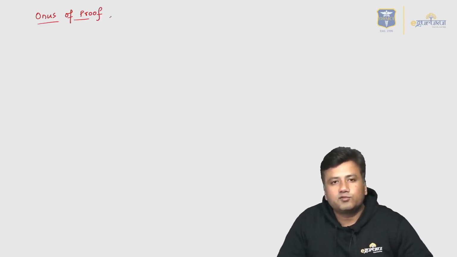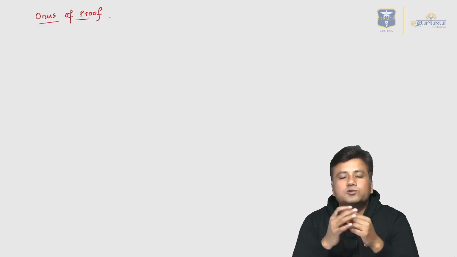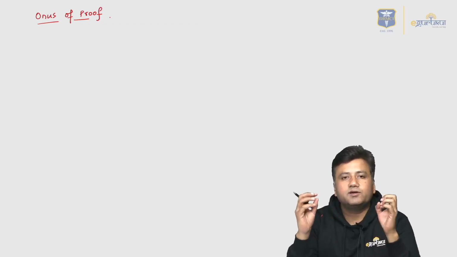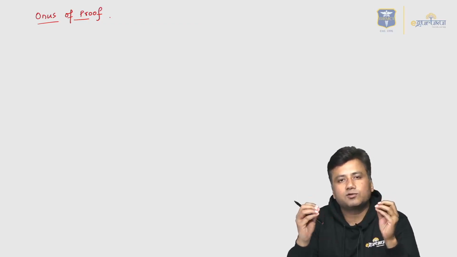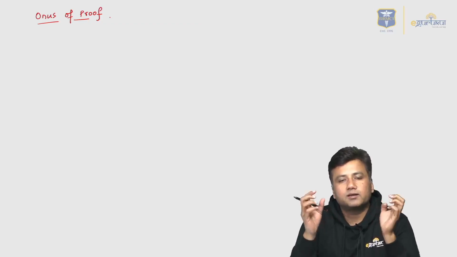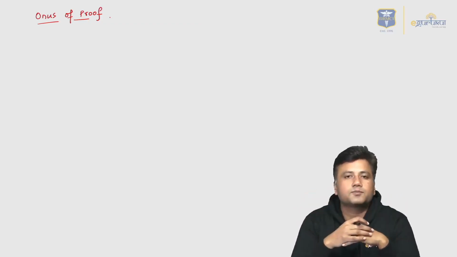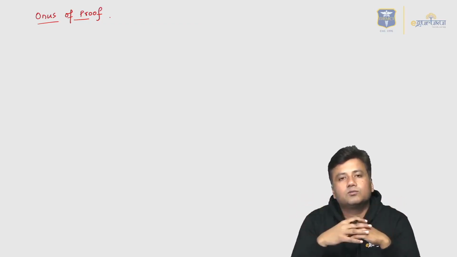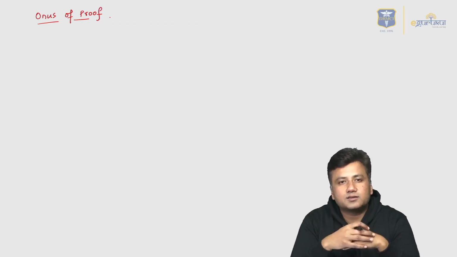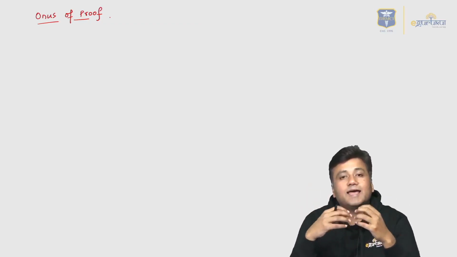The onus of proof means the burden of proof, also known as the liability of proving. Whenever a case comes to the court of law to make a declaration or to solve the matter, what is talked about is whose liability it is to prove the allegation.